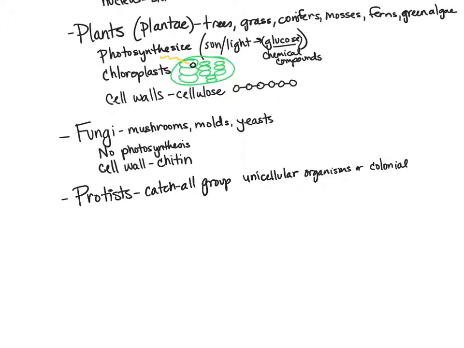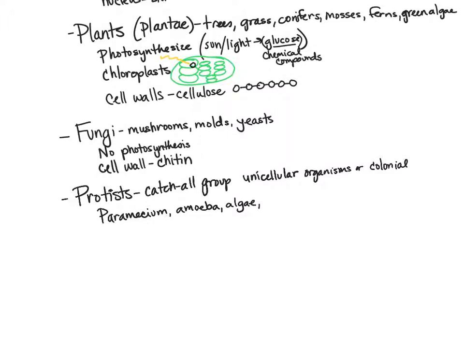They fit in plants for some things. They fit in fungi for some things. They fit in bacteria for some things. They fit in animalia for some things. And so we stick them in the protist group first. Things like paramecium are in the protist group. Other things like amoebas. Some algae are in the protist group.